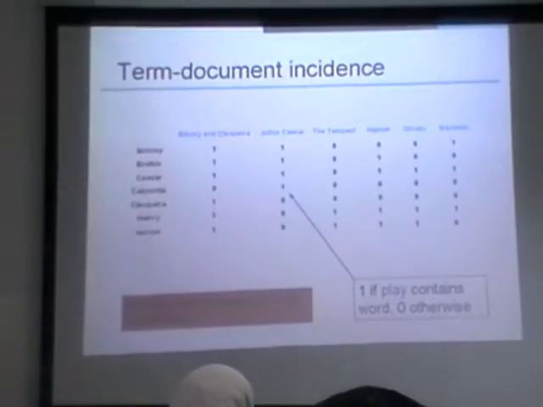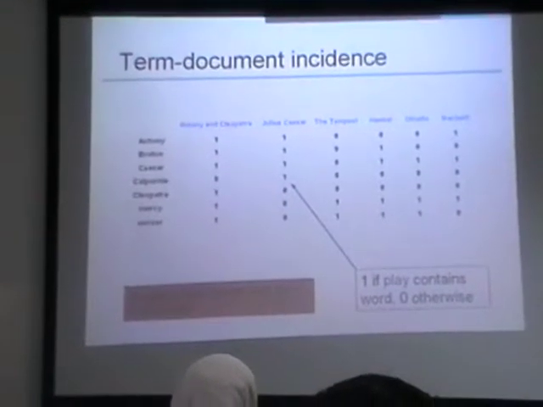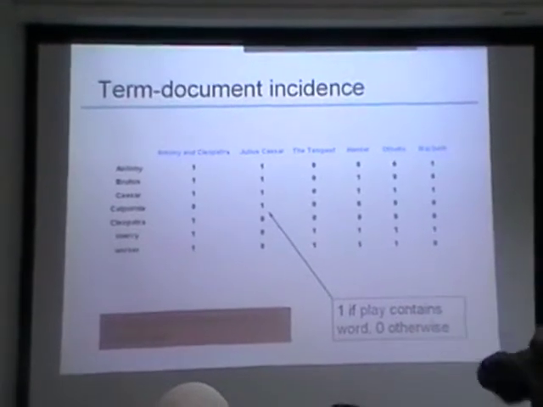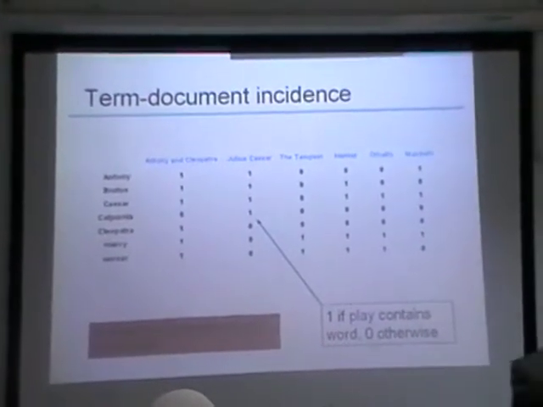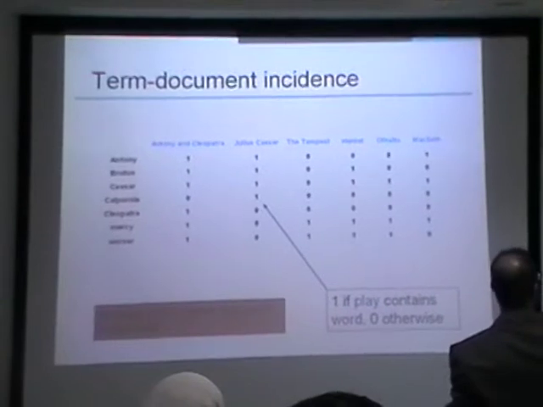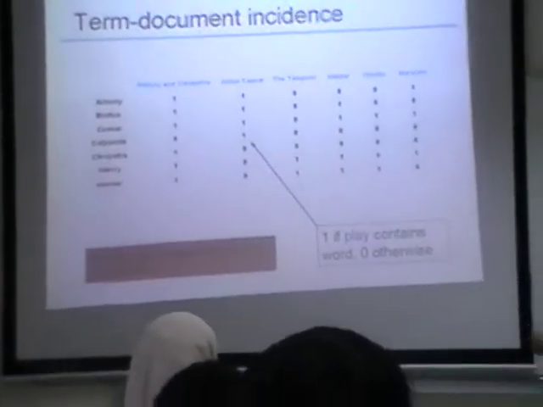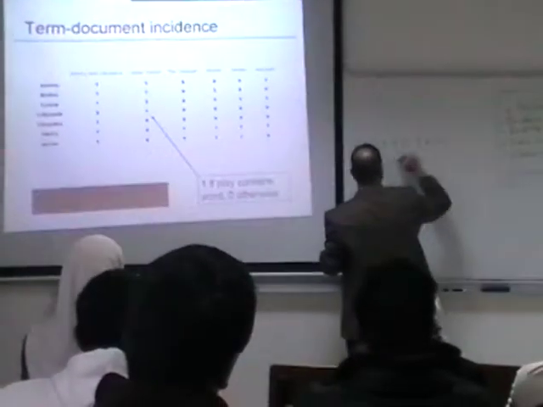What we do is we have a vector for Brutus, which is 110100. This is Brutus.